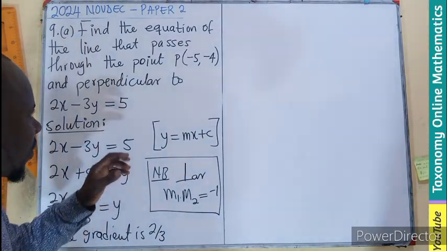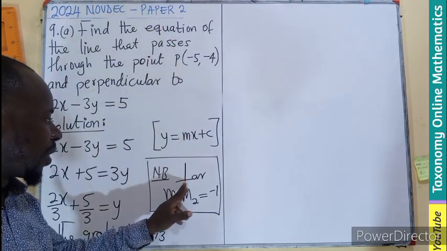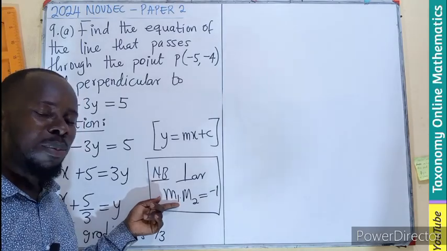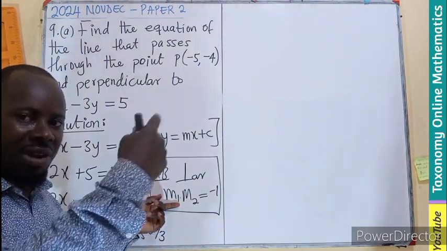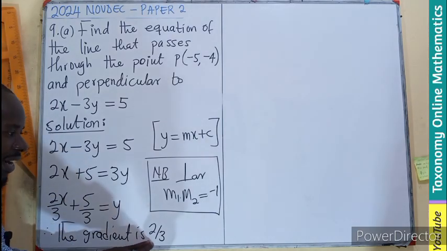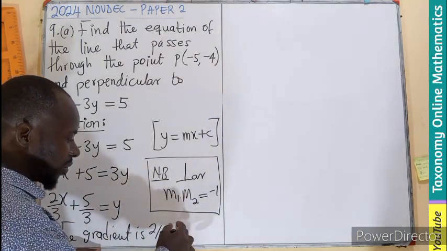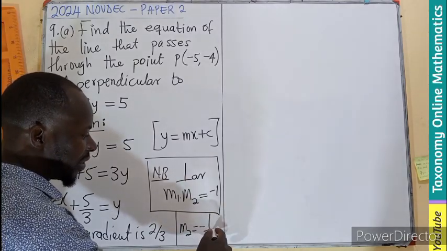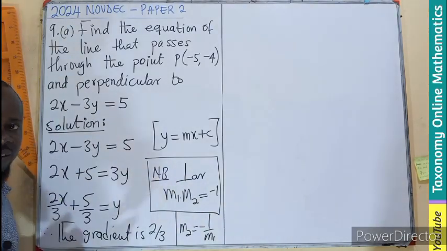So these are two lines. The first line is perpendicular to the second line. If they are perpendicular, it means the product of their gradients will give rise to -1. Or better still, knowing this gradient, the other gradient, which is gradient 2, becomes the negative reciprocal of the first gradient.